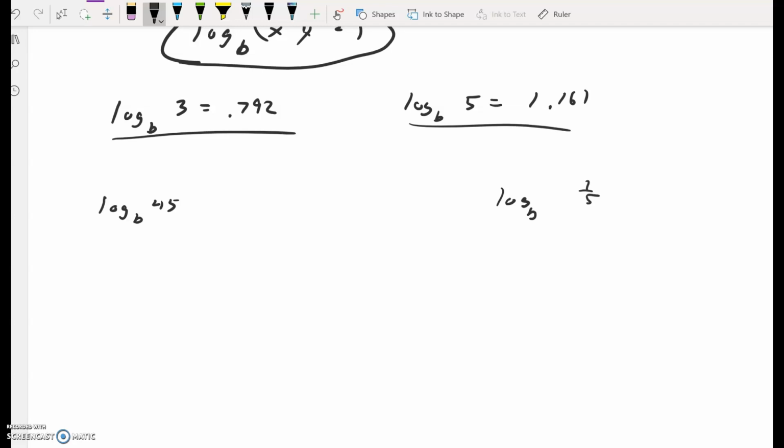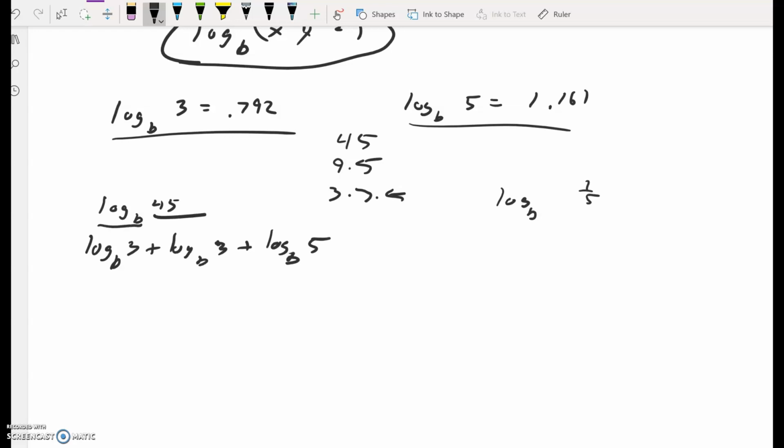Now, it might not be clear to you how 45 is related at all, so let's see here. 45 is 9 times 5, and that's 3 times 3 times 5. So this is the logarithm base b of 3 plus the logarithm base b of 3 plus the logarithm base b of 5, because 45 is 3 times 3 times 5, and then we have a property that says the logarithm of the product is the sum of the logarithms.